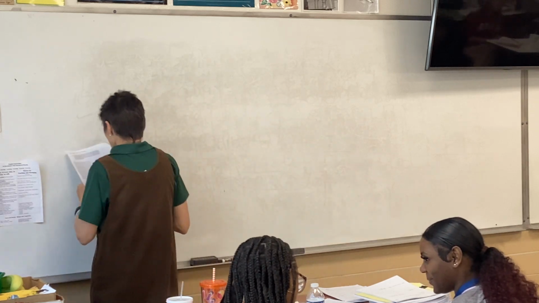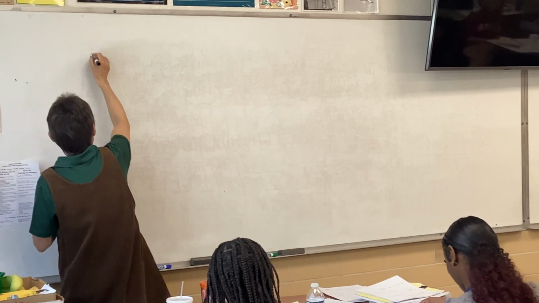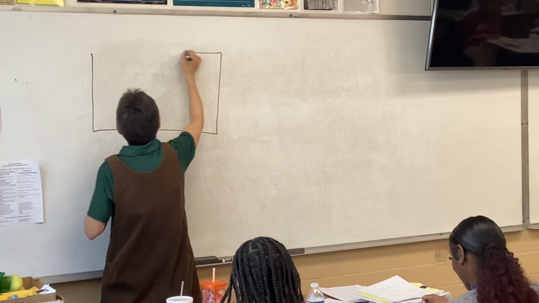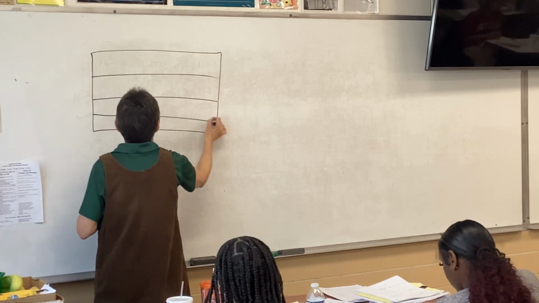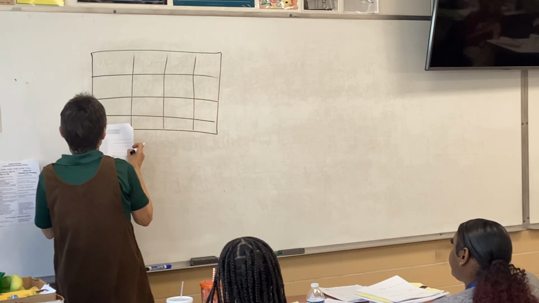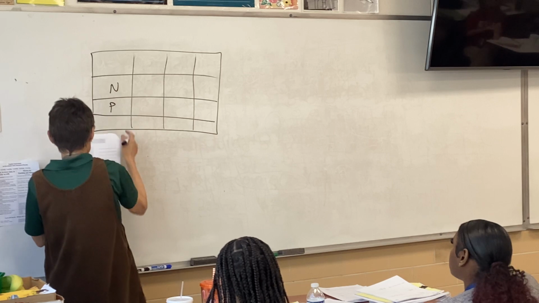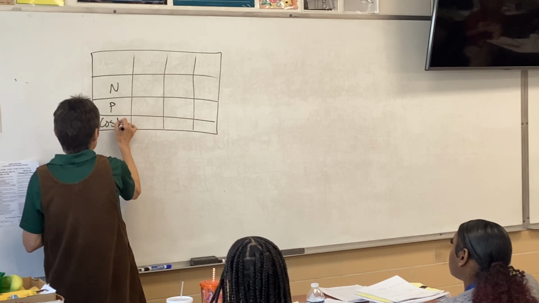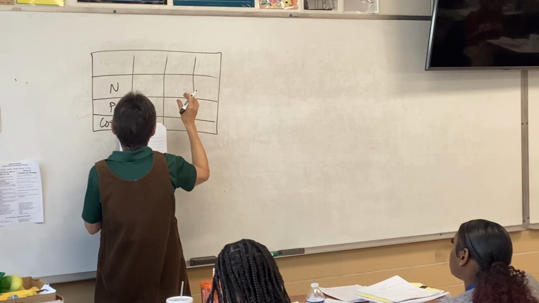All right, so there's a lot of stuff going on in this problem. So the first thing, let's see if we can do is fill in this little chart. So in the problem, we've got fertilizer that has nitrogen and phosphorus. And we have two different brands.